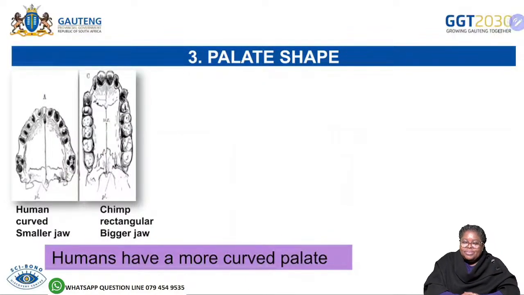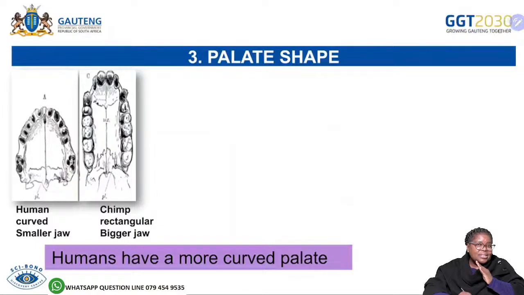We are looking at the difference now in terms of the palate shape. Now with the palate shape, what I like with our subject, the life sciences, is that in most of the cases, we give you pictures and we will ask you on what you see. We don't give you abstract things in most of the times, right?